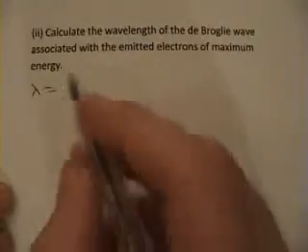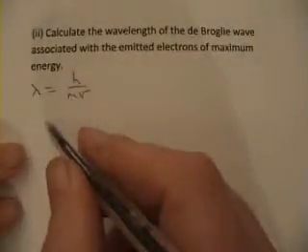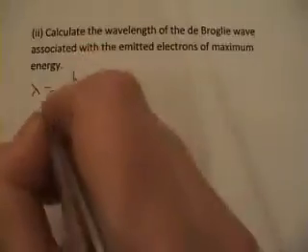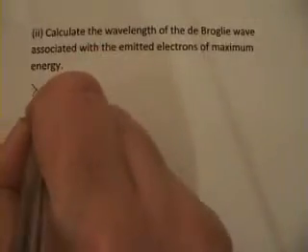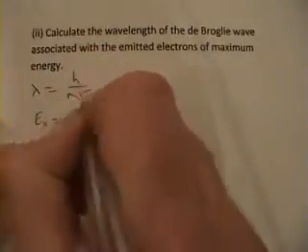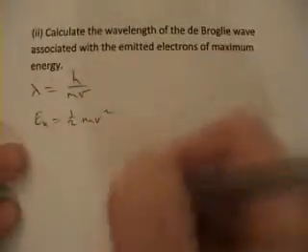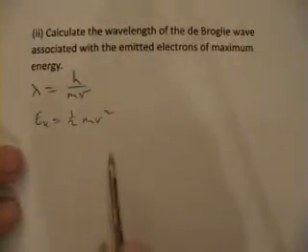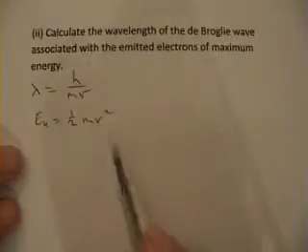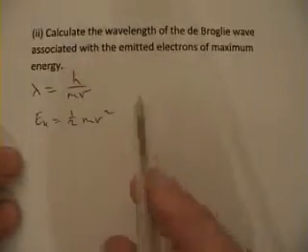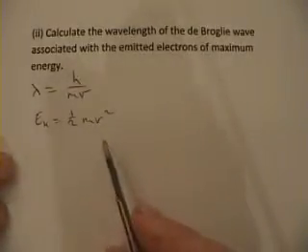So we have to go back to what we know from GCSE. We know that kinetic energy is a half mv squared. And we recognise that we've got m and v in there, so hopefully that's going to be useful to us to find mv.